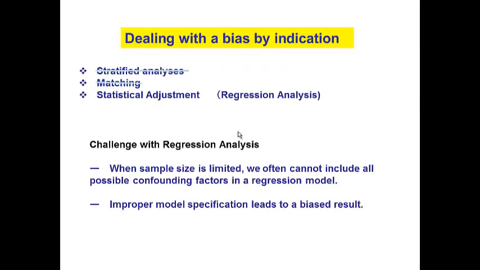Although when sample size is limited, we often cannot include all possible confounding factors in a regression model. Or when you build the regression model, if you have an improper model, such as a model that doesn't include interaction or nonlinear effect, it can lead to a biased result.